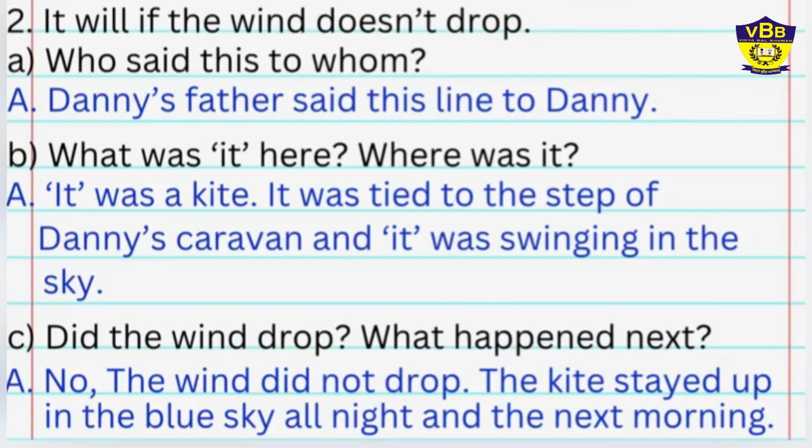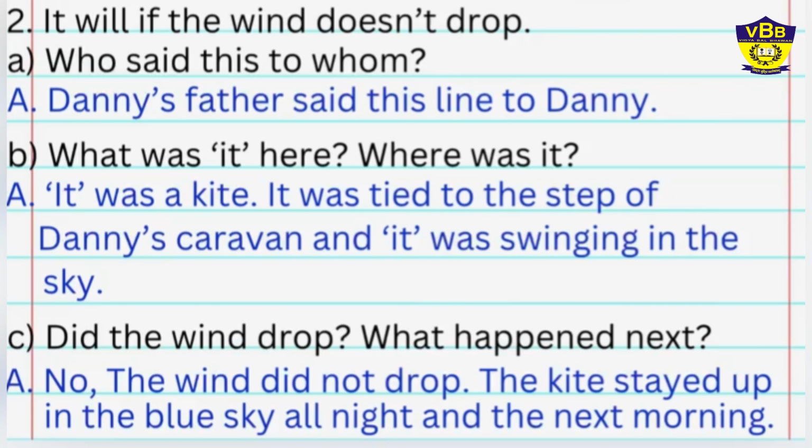Question C is, did the wind drop? What happened next? If you remember, when Danny woke up the next day, he saw the kite was still there, flying high in the sky. So the wind didn't drop the kite.